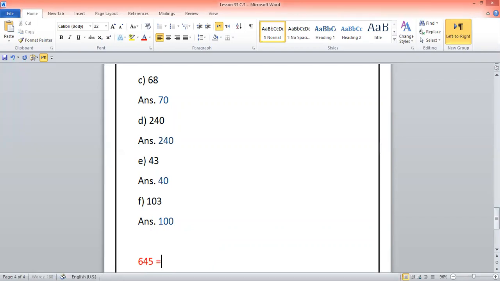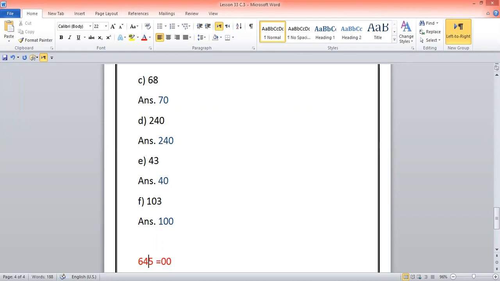But when you round off to the nearest 100, there must be zero not only in the ones place but also in the tens place. Again, I'm repeating, when you round off any number to the nearest 100, there should not be only zero in the ones place, but also zero in the tens place as well. Now, what number should you write in the hundreds place?